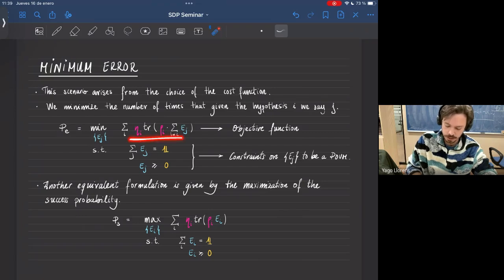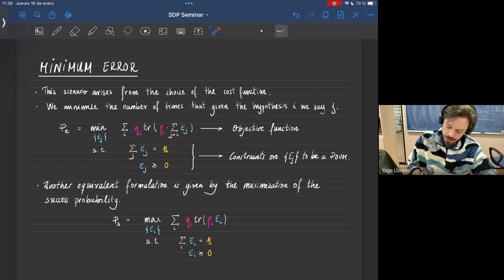We are minimizing this. As you can see, another equivalent formulation, because here we are considering the error, is to maximize over the POVMs, instead of minimizing the error probability, the success probability.